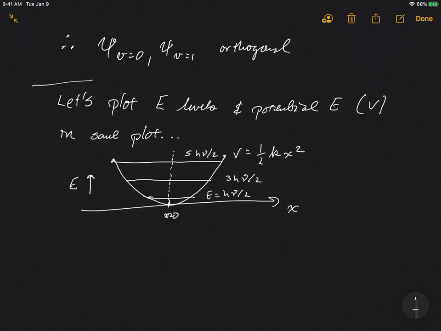Okay, so we've got our energy levels, and I just decided to stop the curve where the energy level meets the potential energy curve. I just arbitrarily decided that. And of course, our general function is h nu times v plus 1/2.